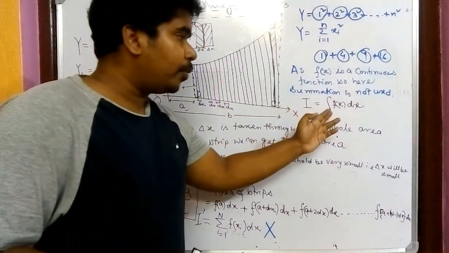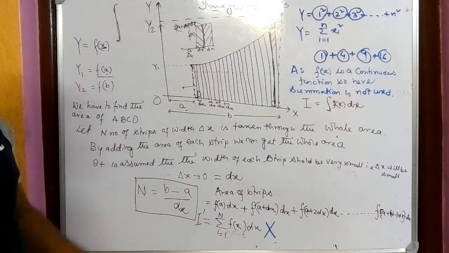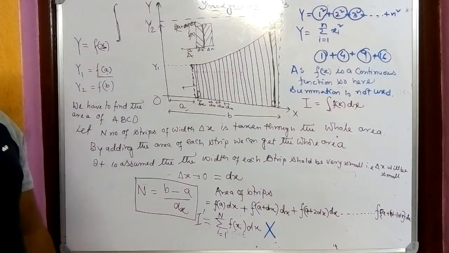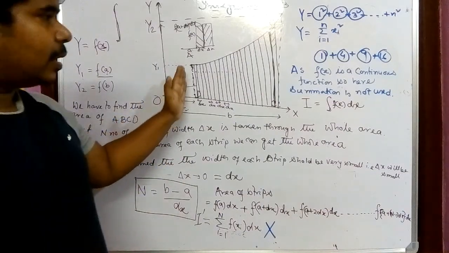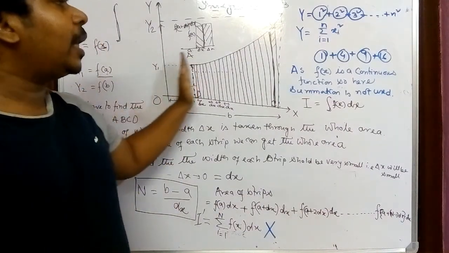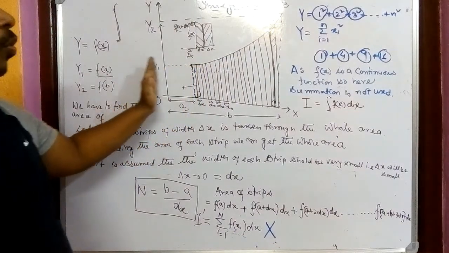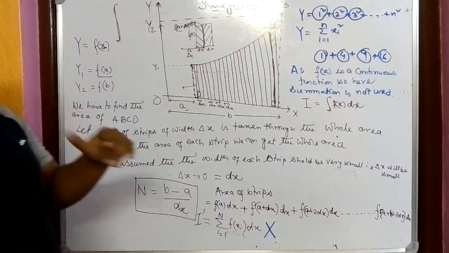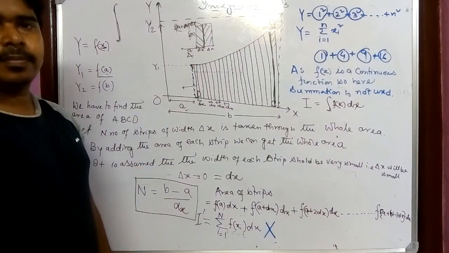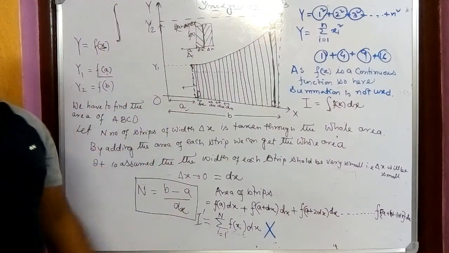And whenever we use this integral sign, it represents an integrated function, that is, continuous function. And this is used to find the area of the whole shape whose equation is not known by us. Clear? So that is integration.